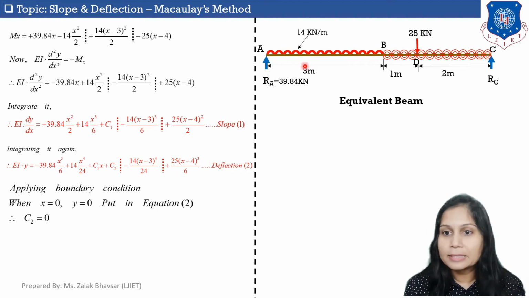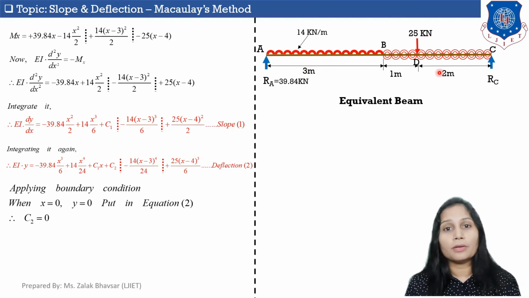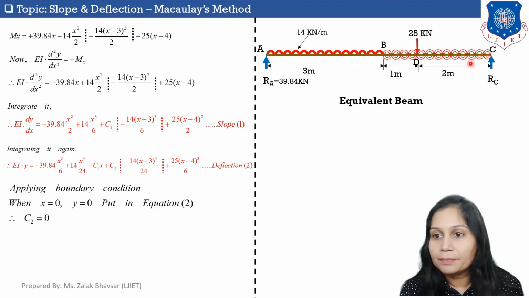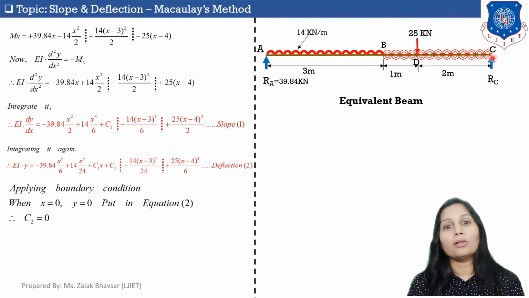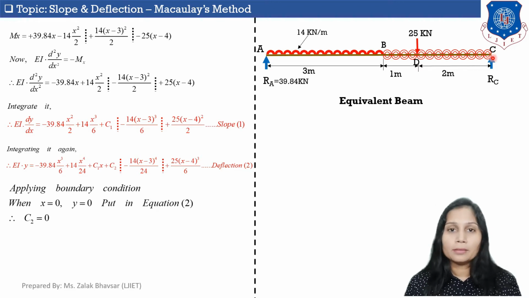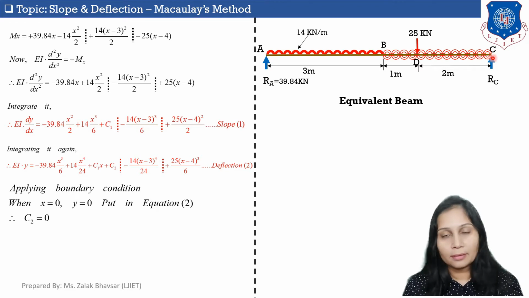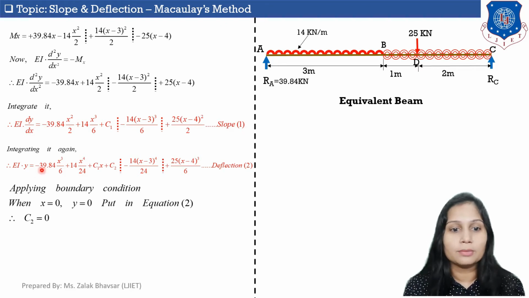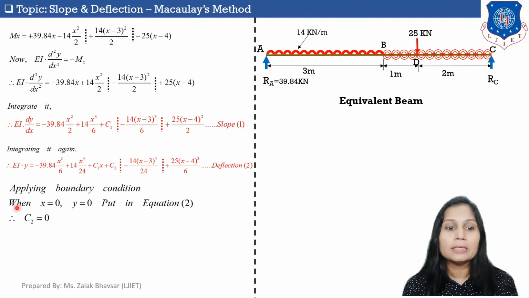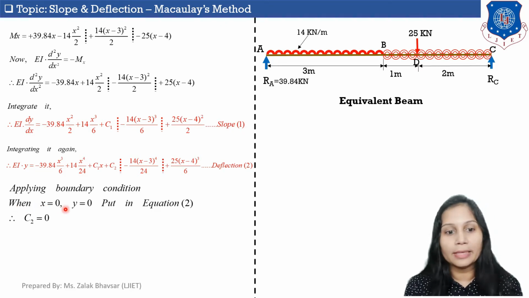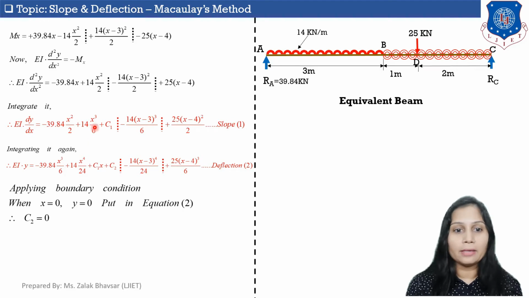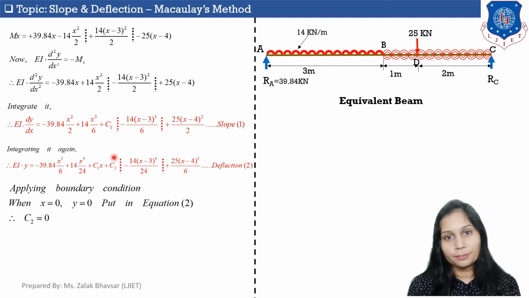And if x is equal to 6 meter, which is the full length of this beam, at point C, we also get deflection equal to 0. So let's apply the first condition, which is x is equal to 0, then y is equal to 0. Put this value in equation number 2, then we will get the value of C2 as 0.